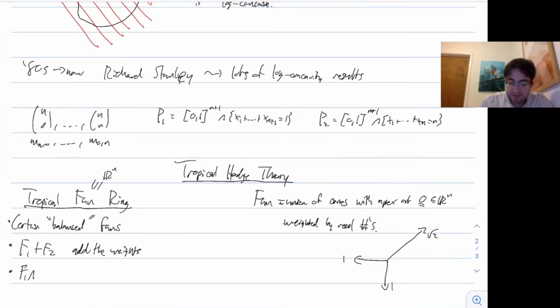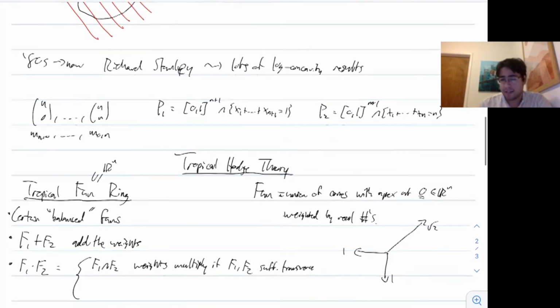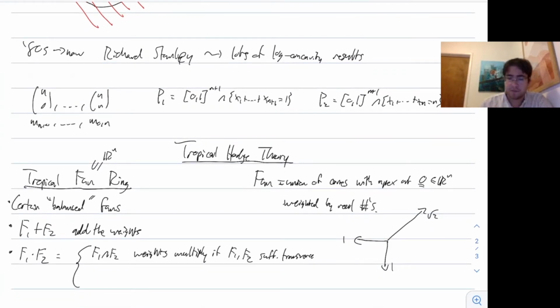And now how do you multiply fans? If I have fan 1 times fan 2, assuming they're sufficiently transverse, all you do is intersect every cone from the first fan with every cone from the second fan, and the weights multiply. If F1 and F2 are sufficiently transverse, all the cones intersect as you would expect given their dimensions.